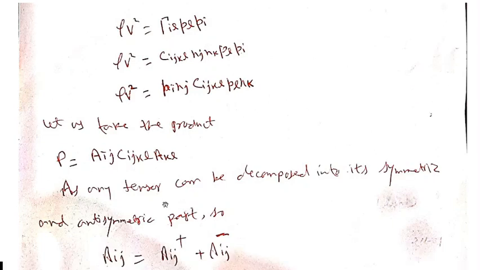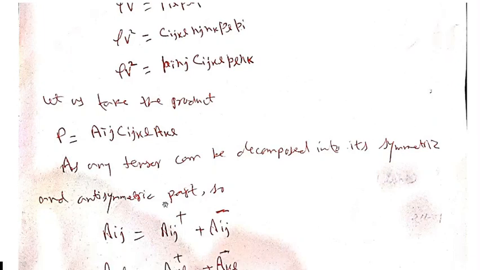And we know, if you remember, that any tensor can be decomposed into its symmetric and anti-symmetric parts, and we can write the components of that tensor in this form. This plus is the notation for the symmetric part, and this bar is the notation for the anti-symmetric part. So this is the symmetric part and this is the antisymmetric part, and the tensor itself is equal to the sum of the symmetric and antisymmetric parts.